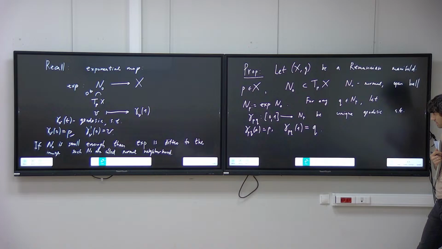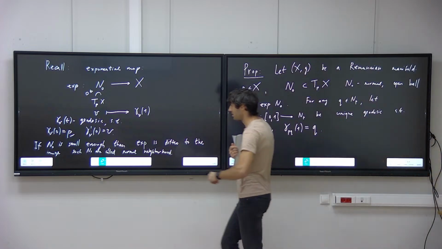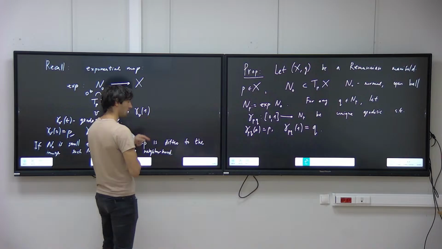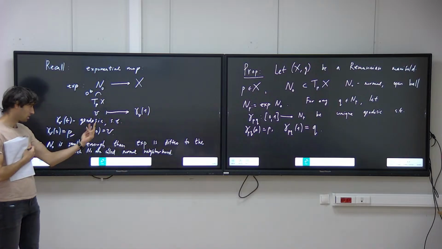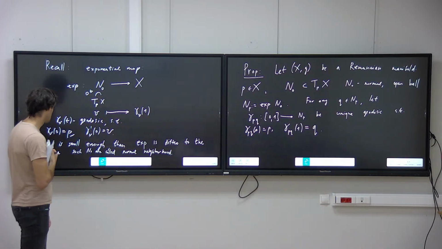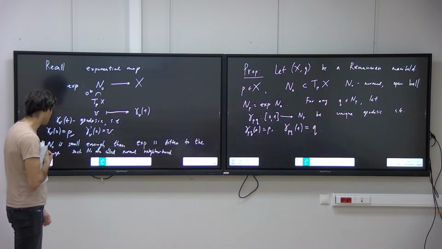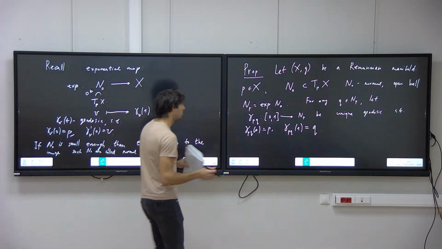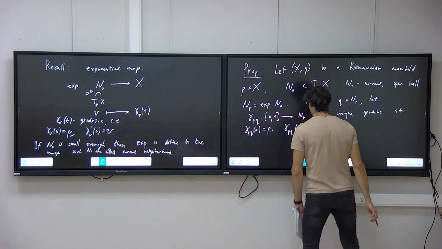I can find such a geodesic, and it is unique because I want my N0 to be normal. Normal means that the exponential map is a diffeomorphism; in particular, it is injective. Therefore, such a geodesic is unique. All right.